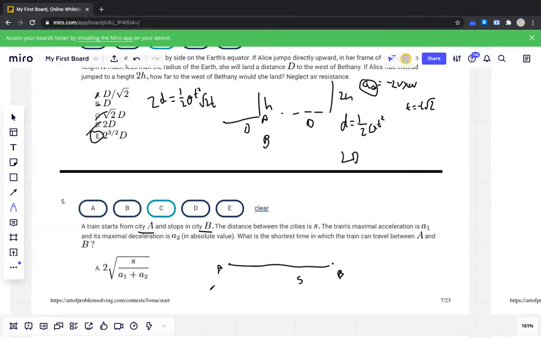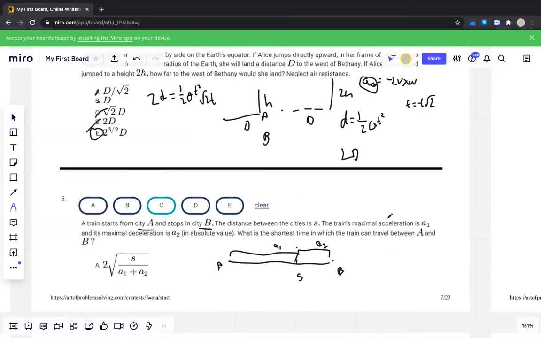The shortest time is when the train accelerates, and then as soon as it finishes accelerating, it starts decelerating. So at some point, let's say this point right here, it will be accelerating at a1, and then it will immediately start decelerating at a2.